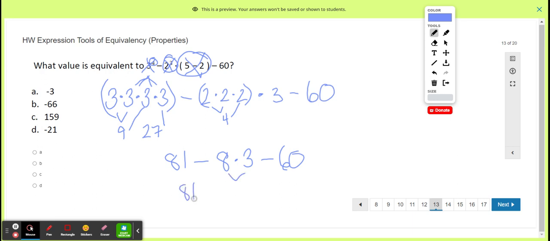Got 81 minus 24 minus 60. We're done with all of the multiplying. Now our last step is we're going to go from left to right and subtract. 81 minus 24 is 57, and 57 minus 60 will give you your answer.